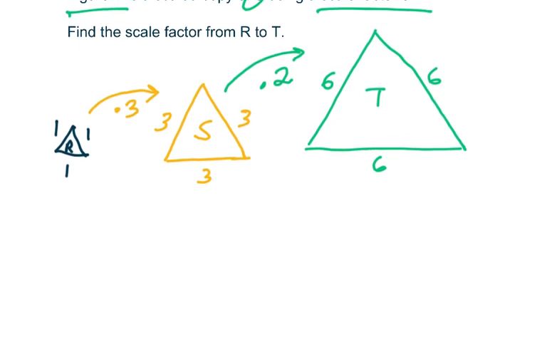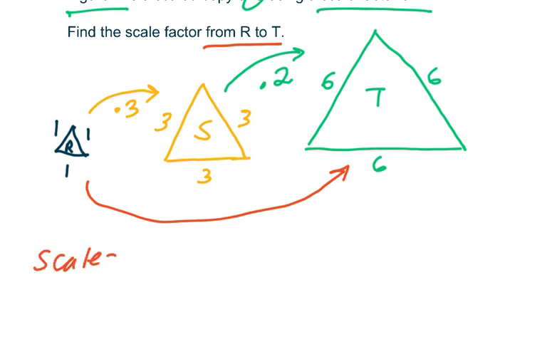And then what I'm supposed to do is find the scale factor from R to T. So here's R. I'm going from R to T. To do this, I'm always setting up scaled over original.